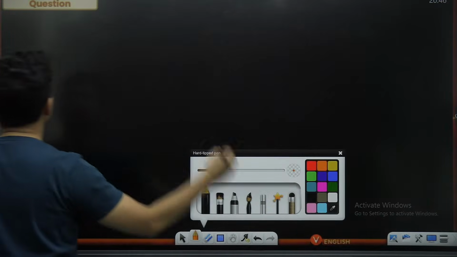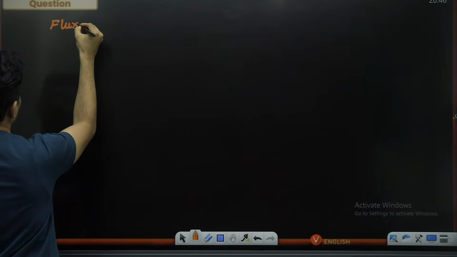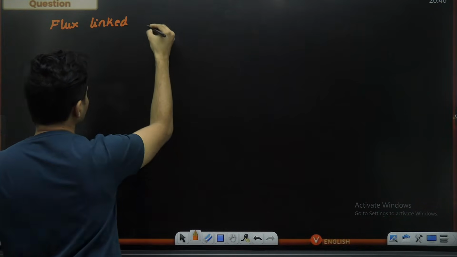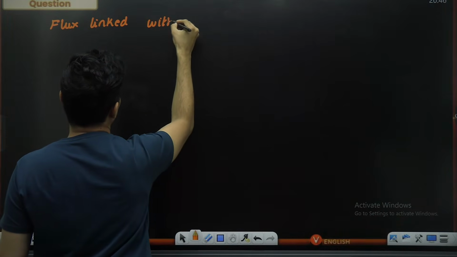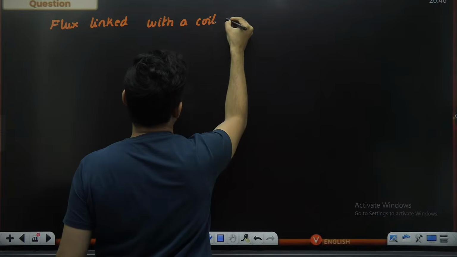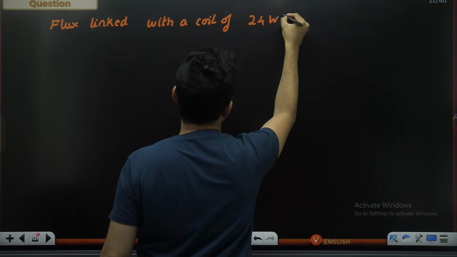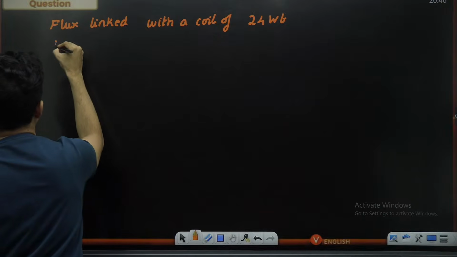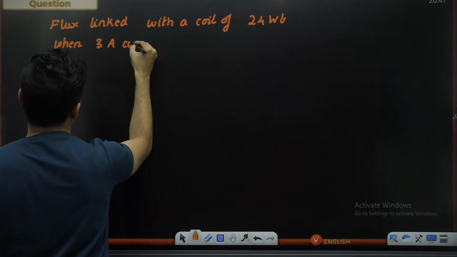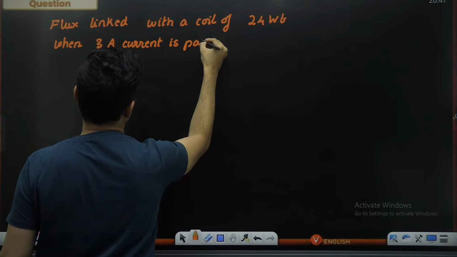Imagine, I tell you, there is a flux linked with a coil of 24 Weber when 3 amperes current is passed.